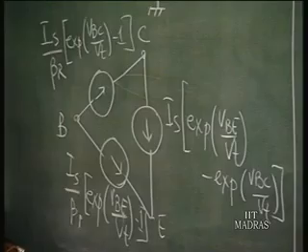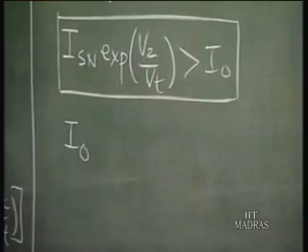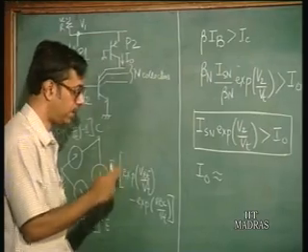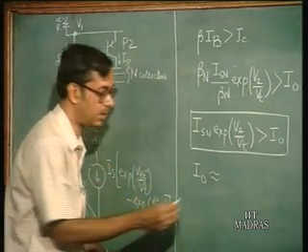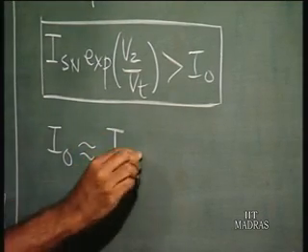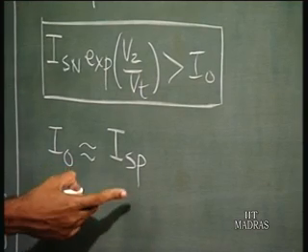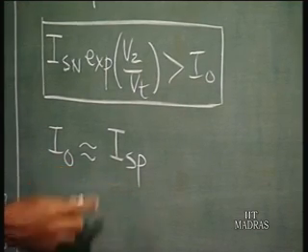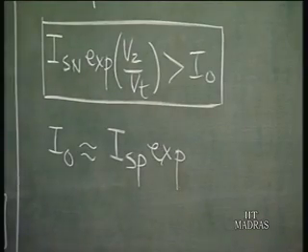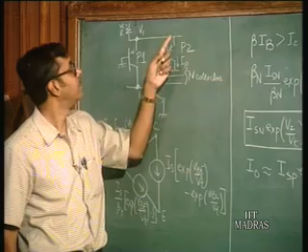So, the collector current can be expressed as I naught, and this is going to dominate, as all the VBC terms are small. So, you can write I naught is ISP, where ISP stands for the IS of the PNP transistor, exponential VBE by VT for the PNP. What is that voltage? V1.